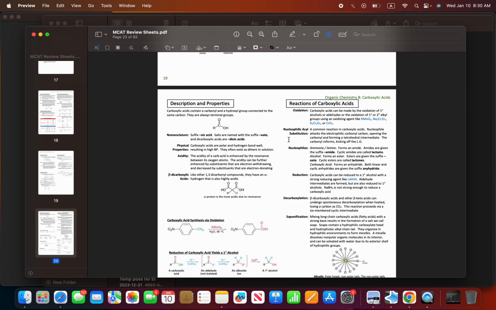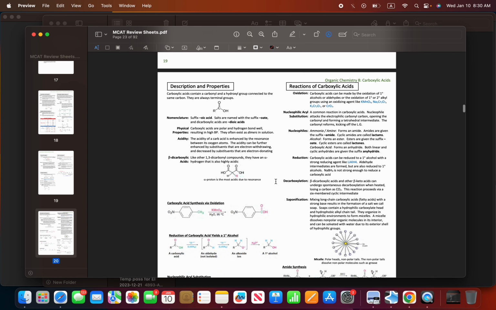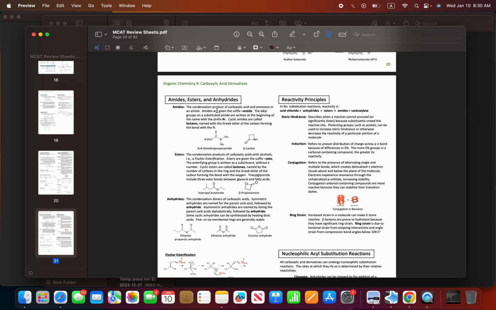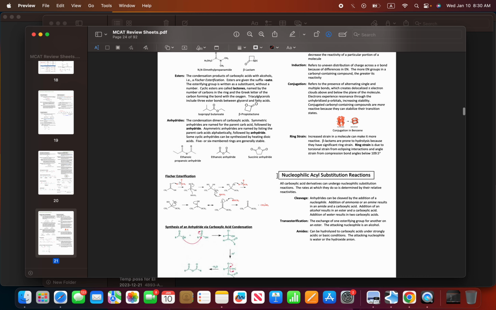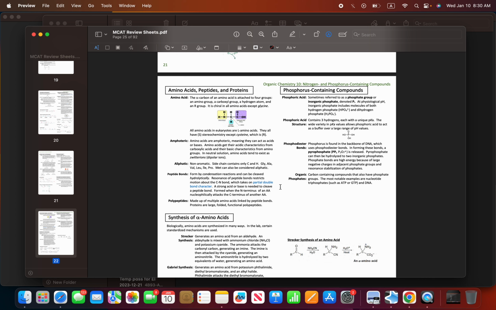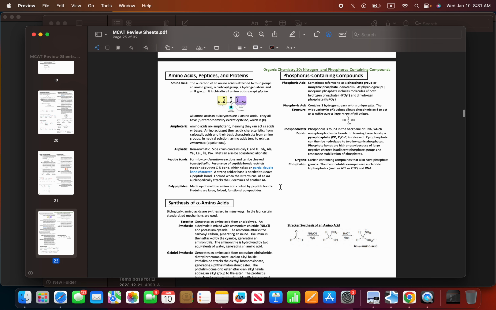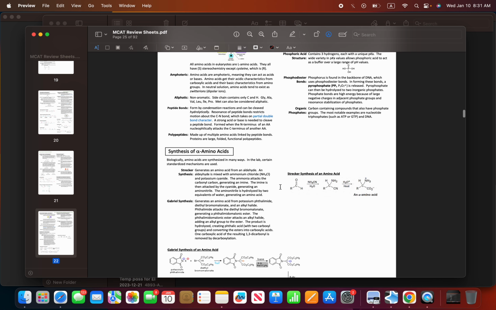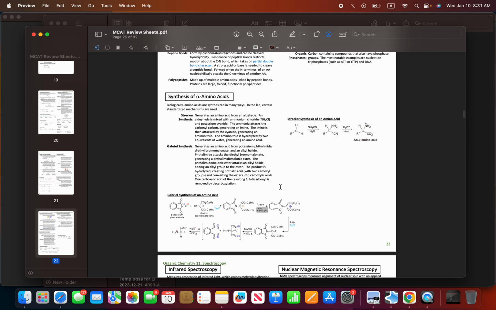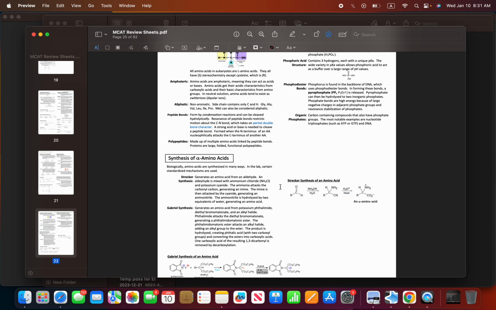Then we have carboxylic acid reactions, and then we have amides, esters, and anhydrides and their reactions, nucleophilic acyl substitution reactions. Then we have the amino acids, peptides, and proteins, phosphorus containing compounds, synthesis of alpha amino acids. These are functional groups, I would say.